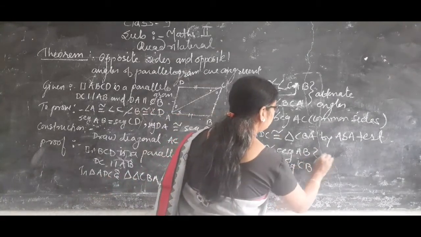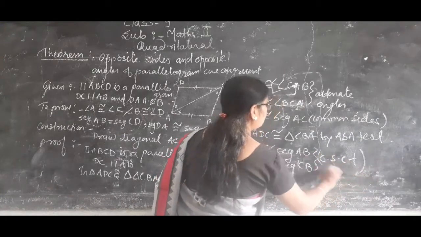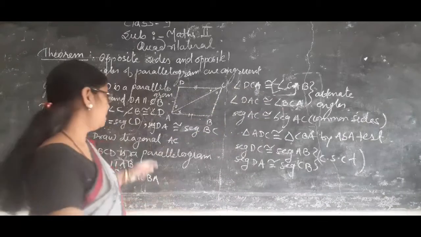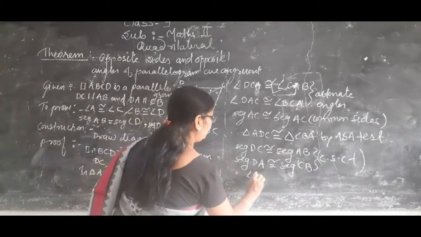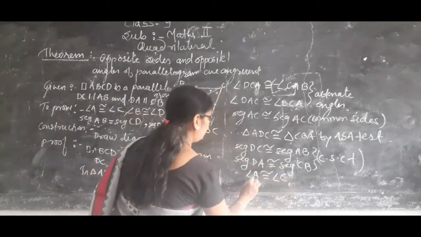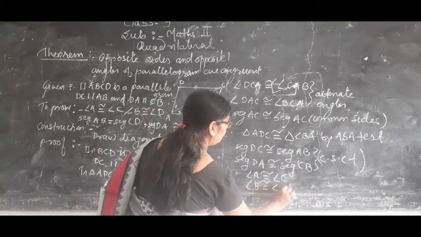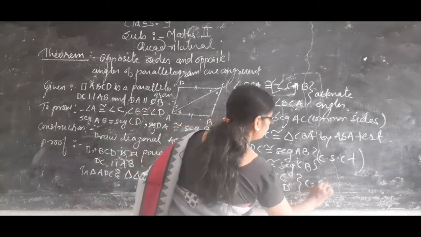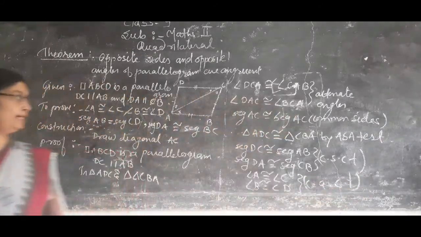What is the reason? CSCT, corresponding sides of congruent triangles. And again, angles are also congruent. So angle A is congruent to angle C, and angle B is congruent to angle D. What is the reason? CACT, corresponding angles of congruent triangles.